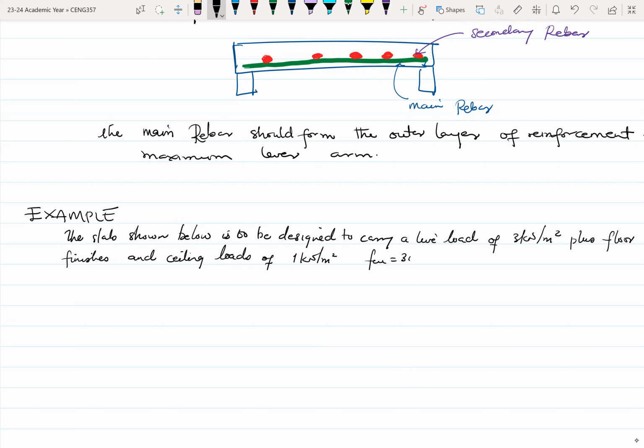FCU is 30 newtons per millimeter squared. Fy is 460 newtons per millimeter squared.